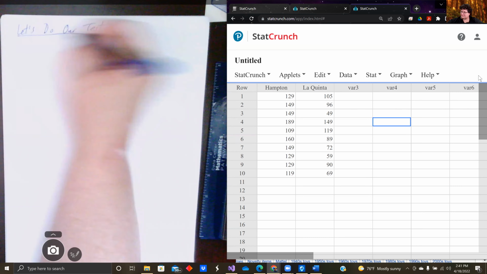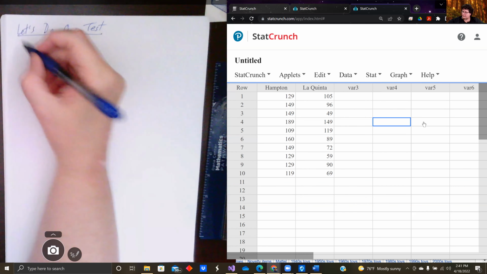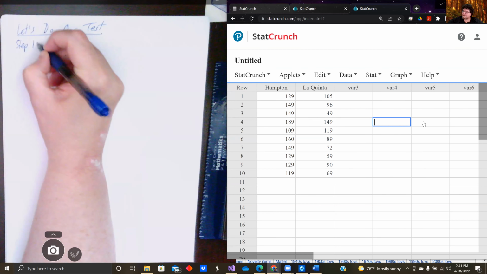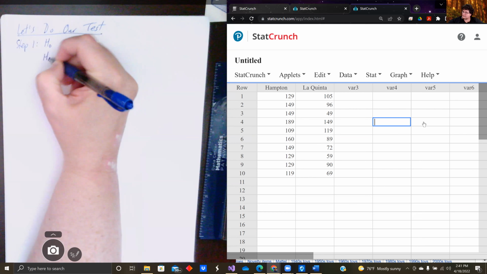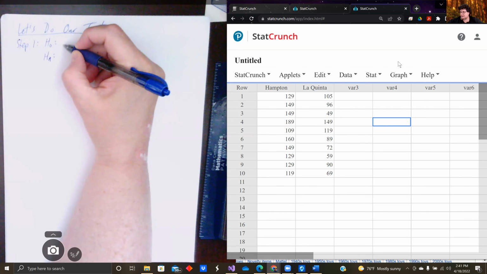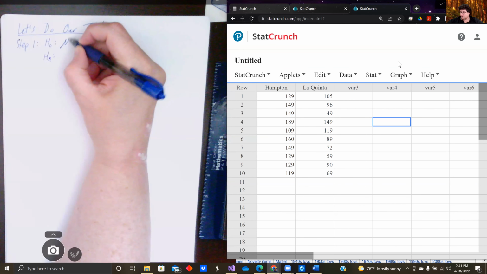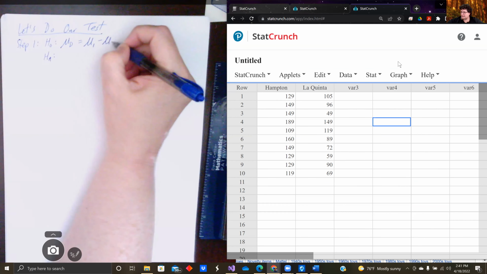All right, so step one is identify H naught and HA. Right? So H naught is always a statement of equality. And for the paired test, it's mu D equals 0.